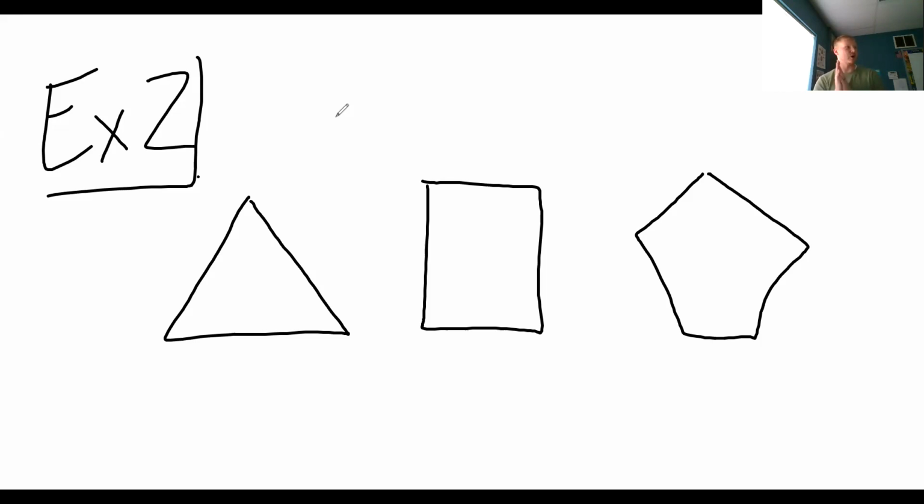So 3-sided would be triangle. 4-sided figure is a quadrilateral. 5-sided figure, pentagon. Yeah, Evan. Yep, heptagon. If you ever see the prefix hep, that is a 7-sided figure.